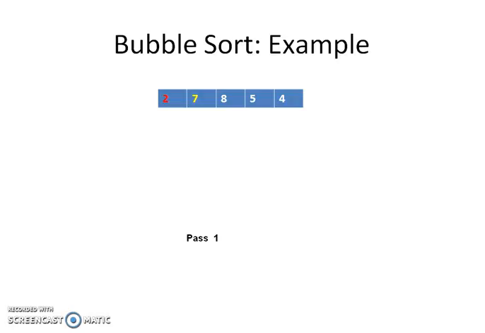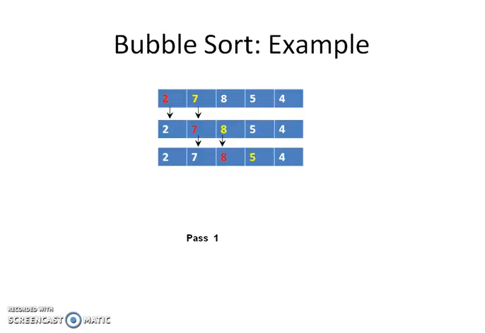Here we have taken 2, 7, 8, 5, 4. First we compare 2 and 7. Here 2 is less than 7, so no swapping is required. Then we compare 7 and 8. Again 7 is less than 8, so no swapping is required. Then we compare 8 and 5. 5 is less than 8, so we swap 5 and 8.